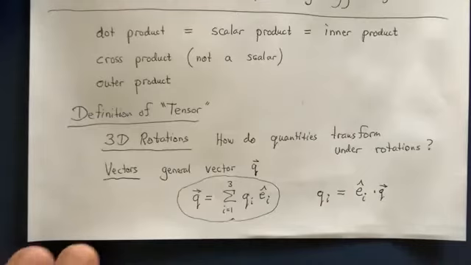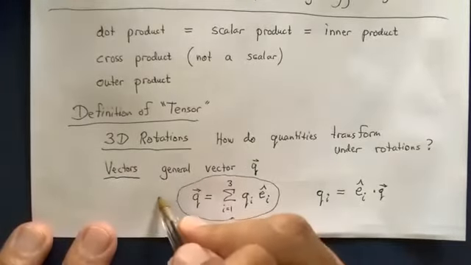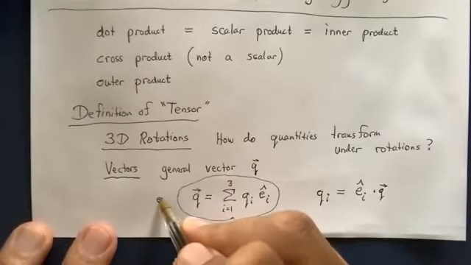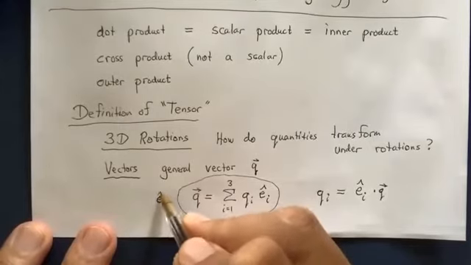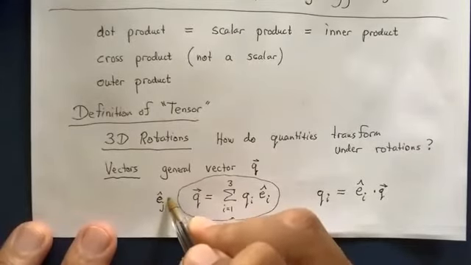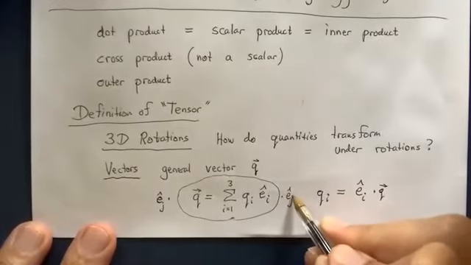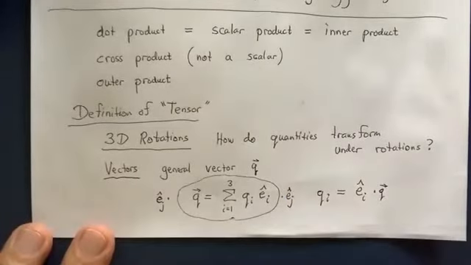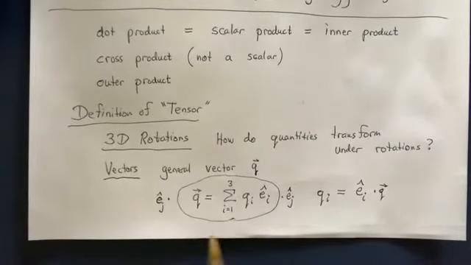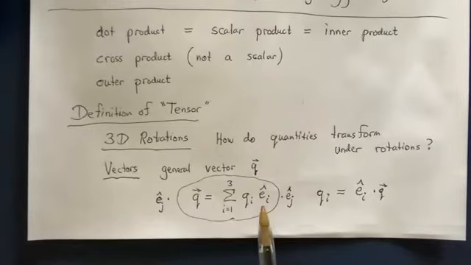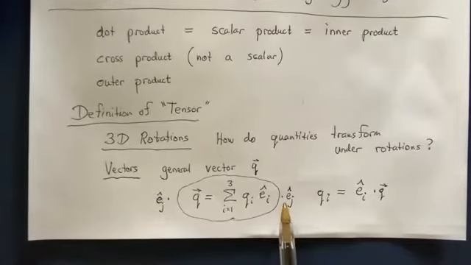So suppose we take this and on both sides we form a dot product with an E hat J. Like so. Well, on the left-hand side, we have the Q vector dotted into the basis vector E hat J. On the right-hand side, there are 3 terms to think about.